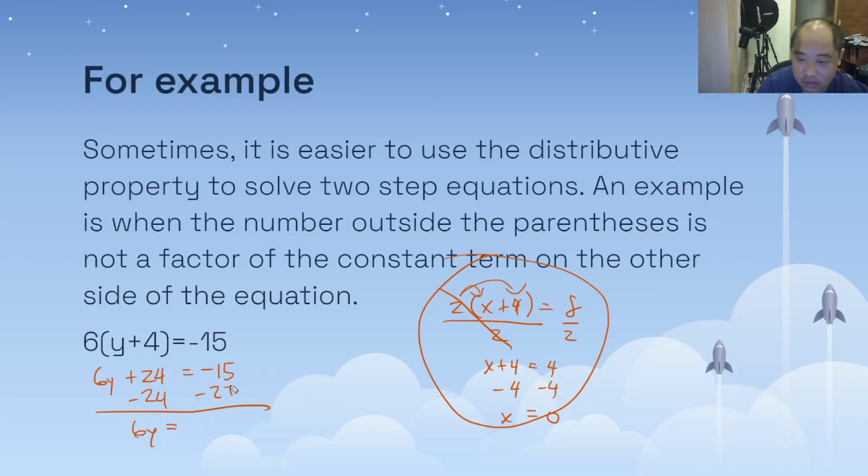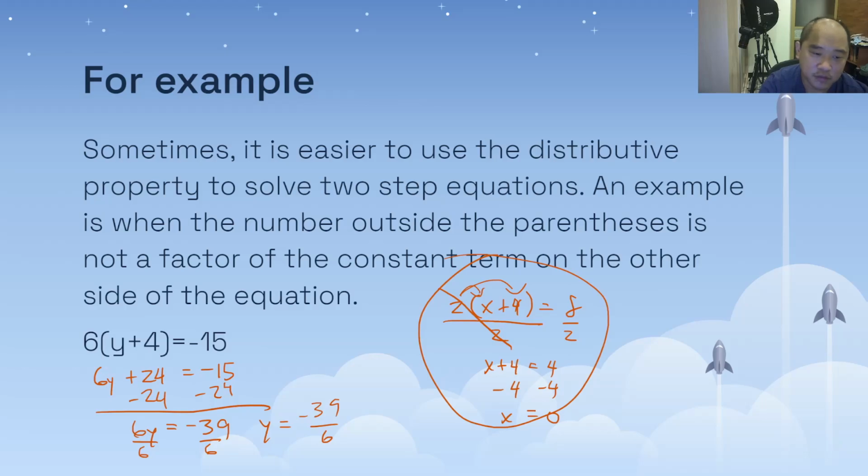6y equals negative 39. Is that right? Have I done something wrong? Ah, well, I don't think so. Okay, y equals negative 39 over 6. How strange is that? It doesn't feel right.